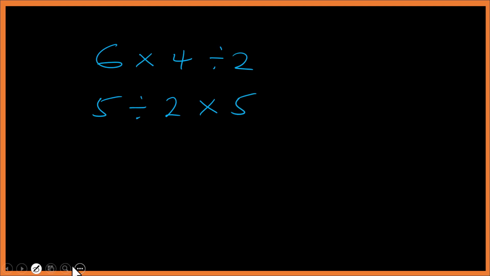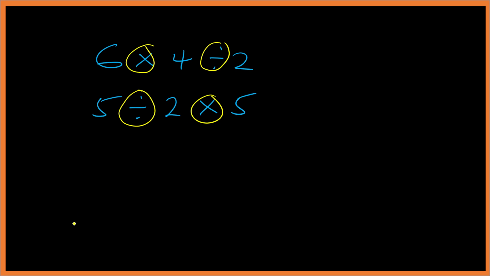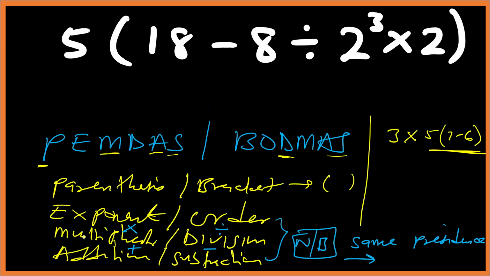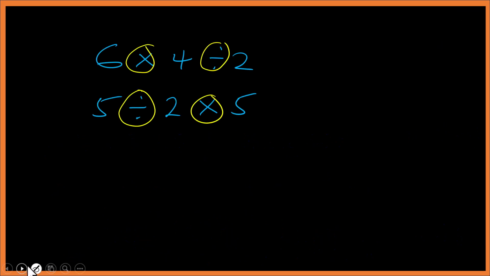Now in case we are given 6 times 4 divided by 2, then 5 divided by 2 times 5, we call this same precedence, because we have multiplication and division.